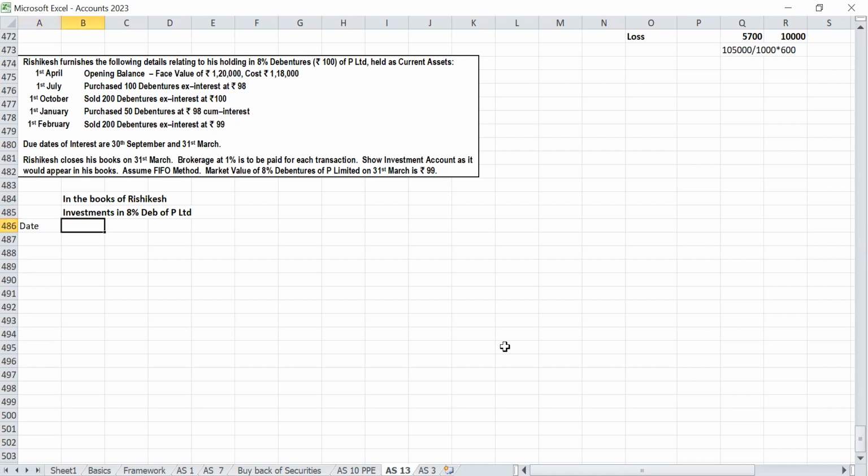Format: date, particulars, number of debentures, interest, amount. First April, to balance b/d.